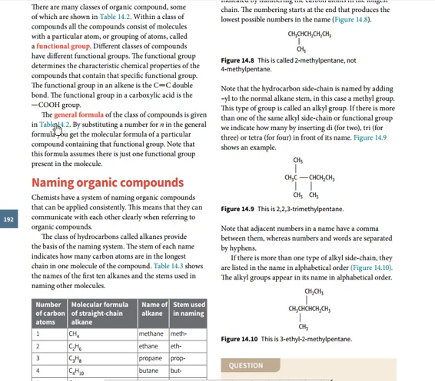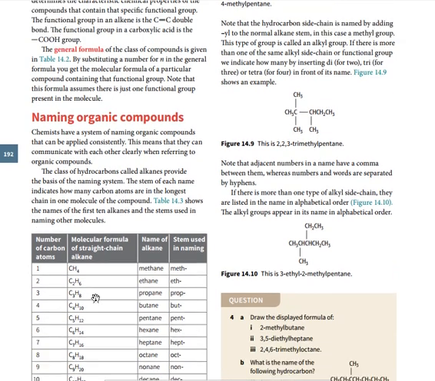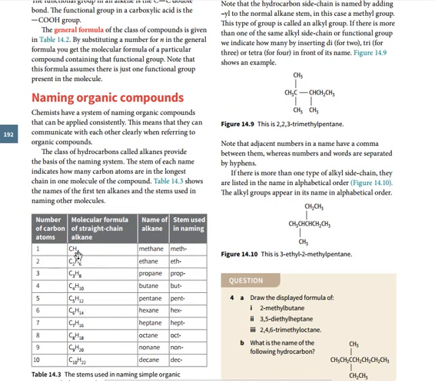And then the next thing is, what is a homologous series? A homologous series is a group of compounds which have a similar functional group and whose next element or preceding element differs from the former element by a CH2 group. So we take an example of the alkane homologous series.